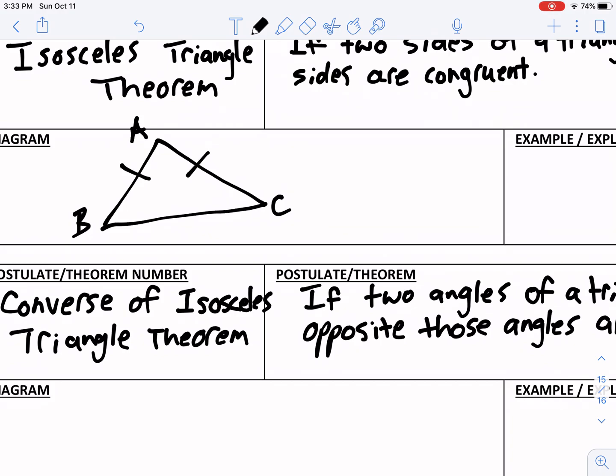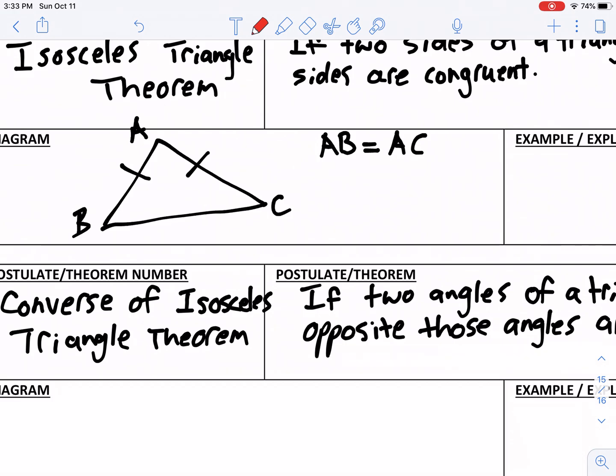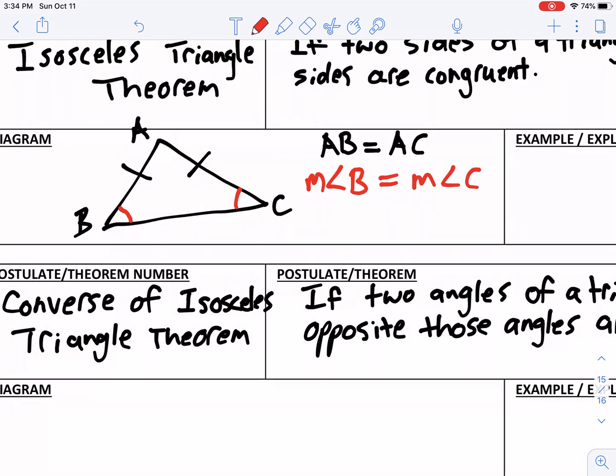Well, all this is saying is if AB equals AC, okay, then the base angles, opposite those sides, also have the same measure. In other words, the measure of angle B is going to equal the measure of angle C, okay?